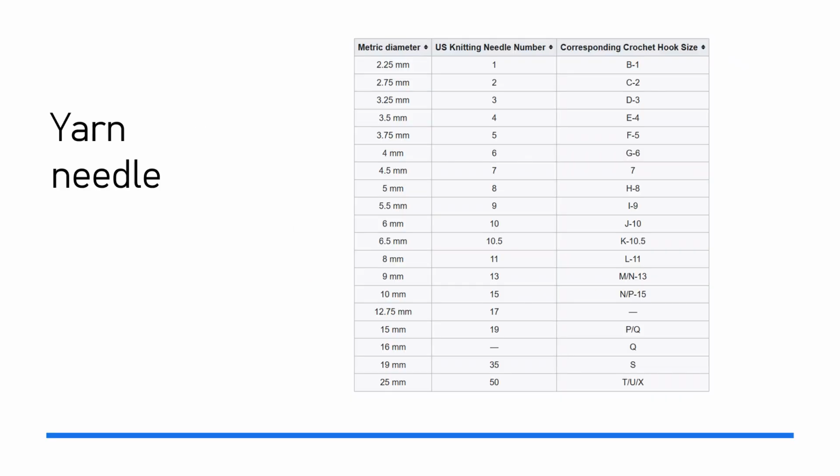Each alphabet represents a number. If B is printed on your needle, then the size is about 2.25 mm. If C is printed on your needle, then the size is 2.75 mm. You don't need to memorize all these things, I'm just showing this for your reference.